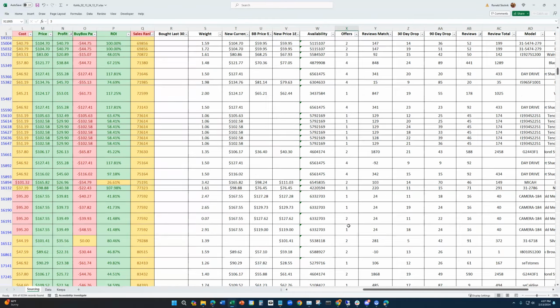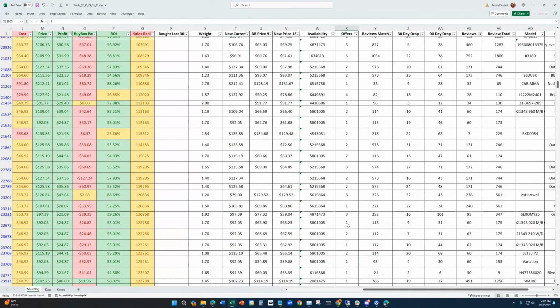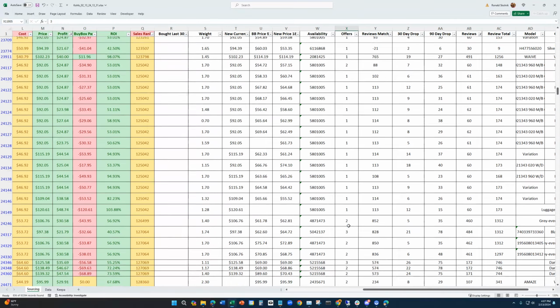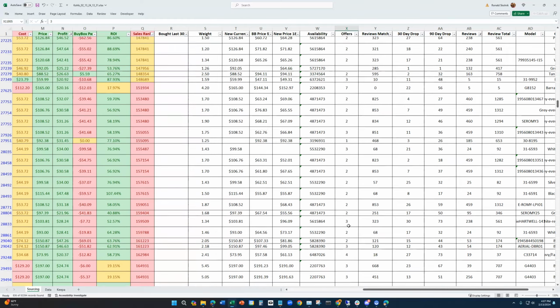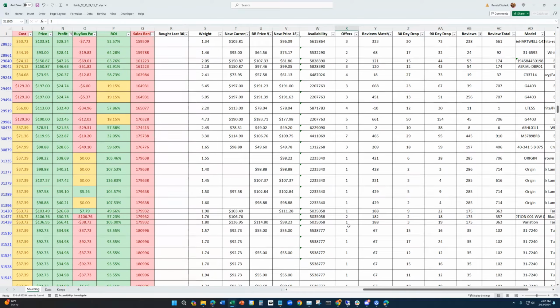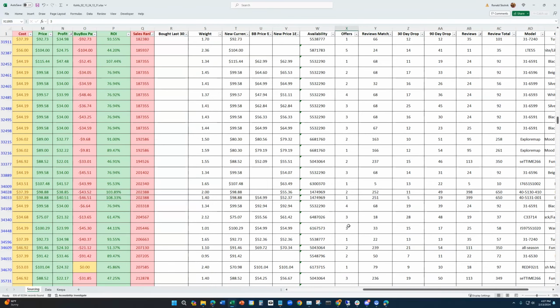So when you're talking about listings that are all above $20 profit and have at least 5 reviews and a decent sales rank, you're not going to be competing with a ton of other sellers, because they tend to go for the more popular Converse, Adidas, Skechers, things like that.